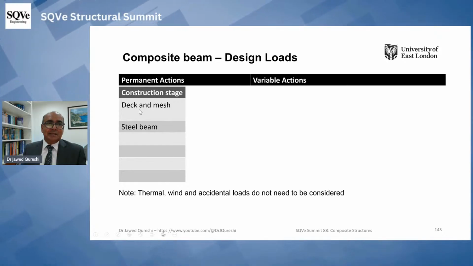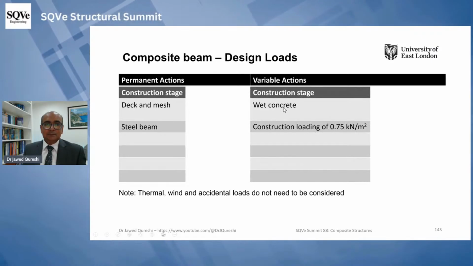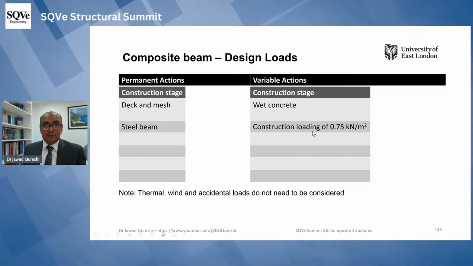So at the construction stage, we have the deck, mesh and steel beam. These are permanent loads. The variable load is wet concrete. It is a live load, not considered dead because we are pouring concrete, and the construction loading of 0.75 kilonewton per meter square.